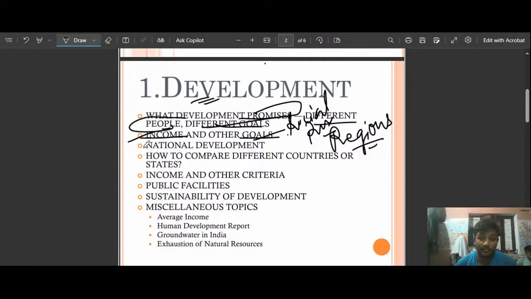Next we are going to see national development, how to compare different countries or states on the basis of development, national income, social development, political development.